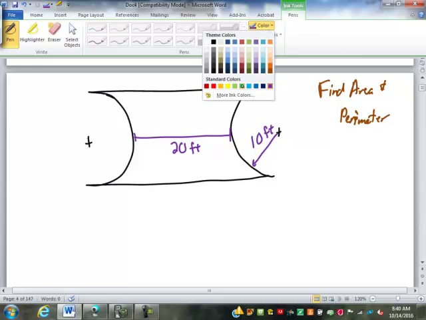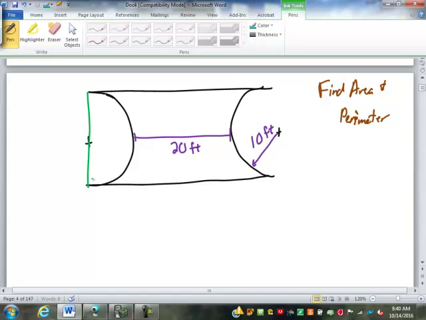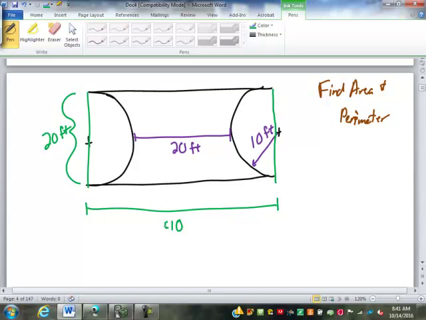This is one where we have to expand it out to be a larger shape, then subtract back down. So this rectangle here would have a width here of how much? 20 feet. Because we got a radius of 10, so it has to be a diameter of 20. What's this length going to be? 40 feet. Good. Because you've got 20 plus 10 plus 10.